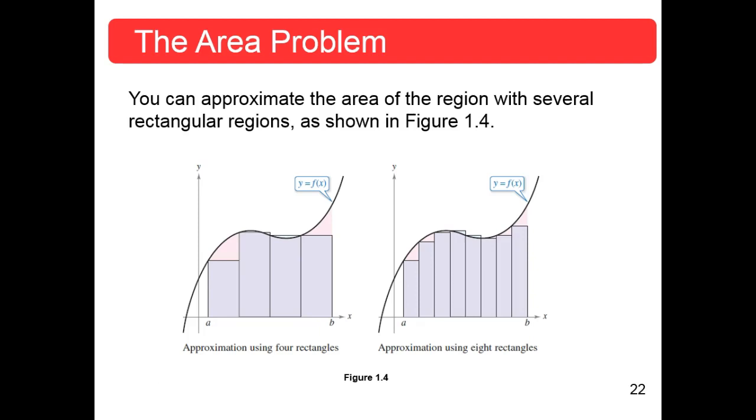So let's take these rectangles. By the way, here this A to B, we're now divided into a delta x here, delta x here, delta x here, delta x here. And that would be B minus A, the total length divided by 4, that would be your delta x here. Okay? This is not quite the same as before, but somewhat similar.